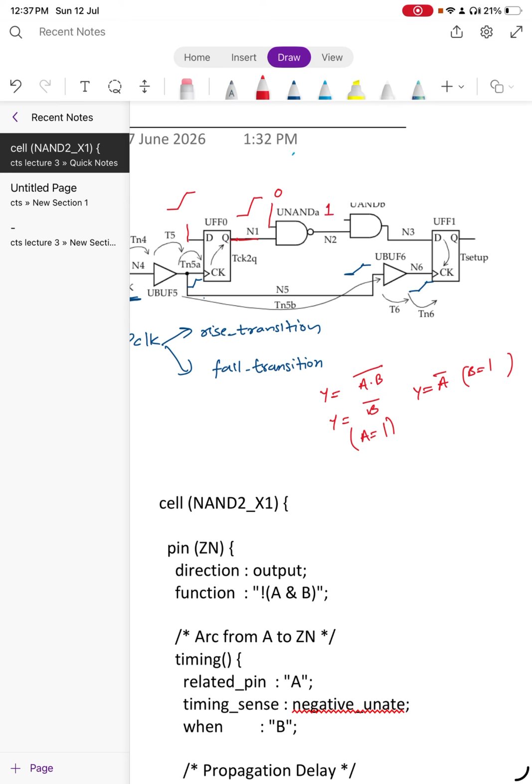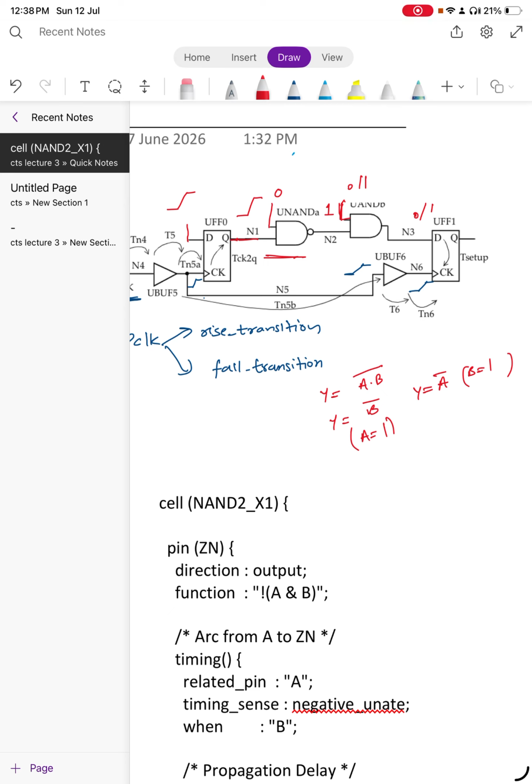And if we consider, let's say 0 or 1, then it will have 0 or 1 in the output. So can we calculate the delays in this case for this particular NAND gate? No, because we don't have the edge in the output. So it is not logical.